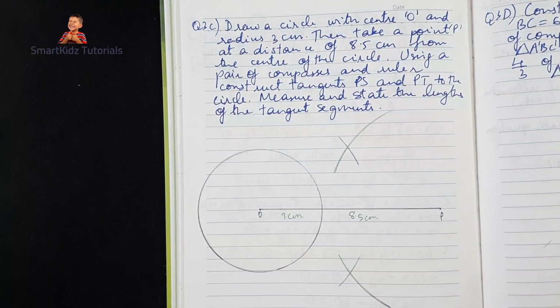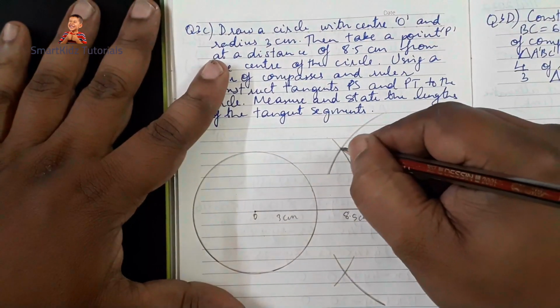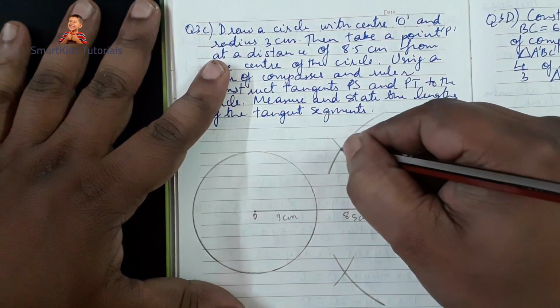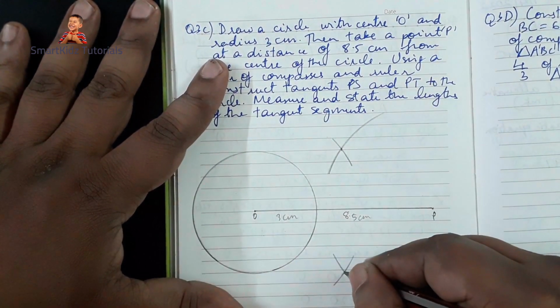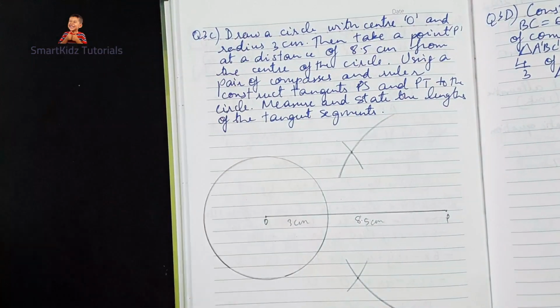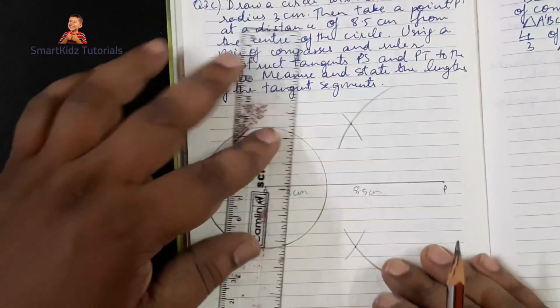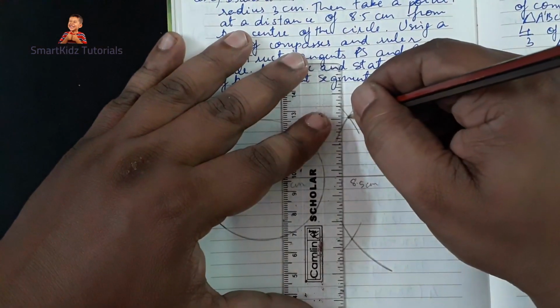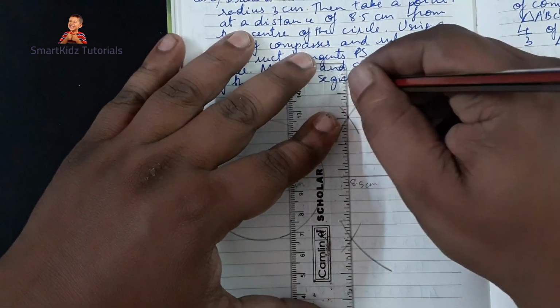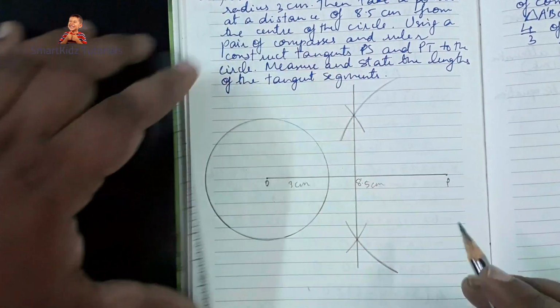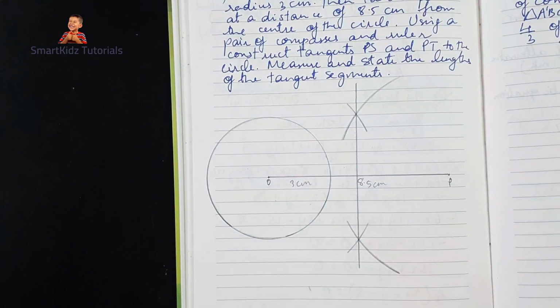Done. Now we're going to mark these points where the two arcs have intersected on top and bottom, here and here, and we are going to join those points with the help of a scale. That will give us our perpendicular bisector to OP.